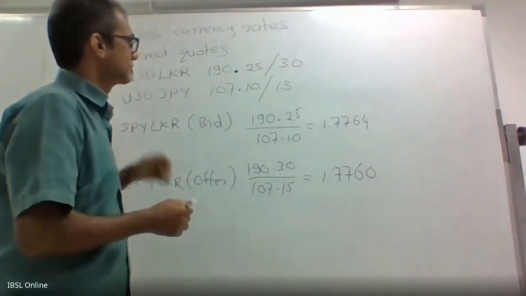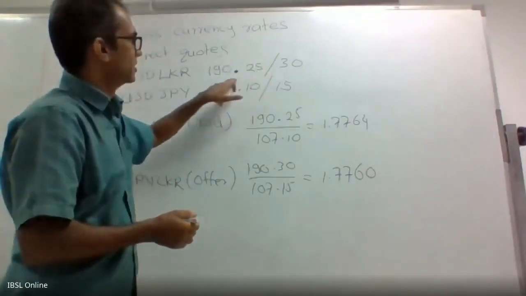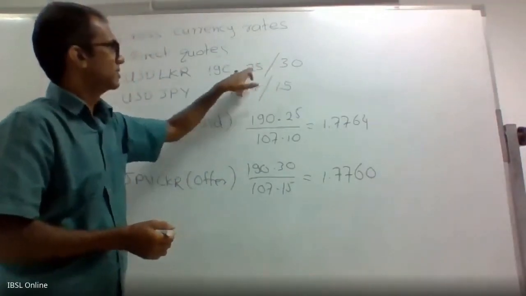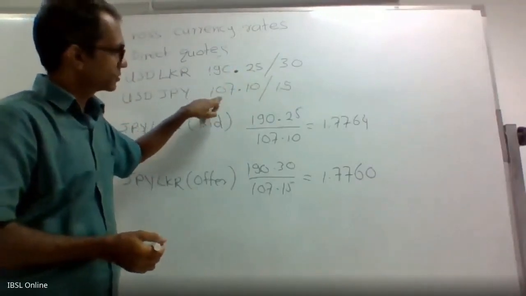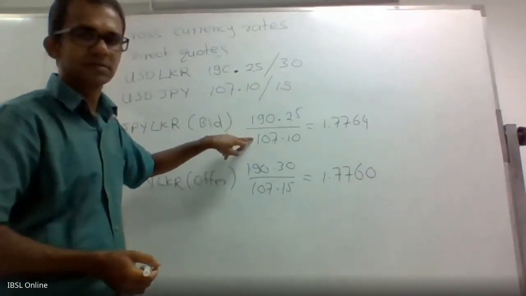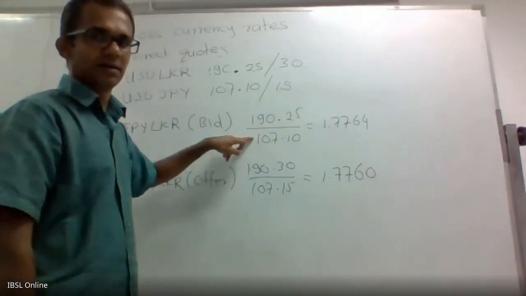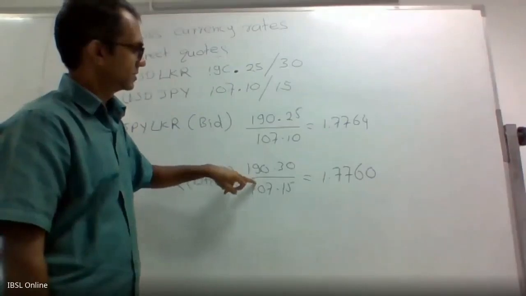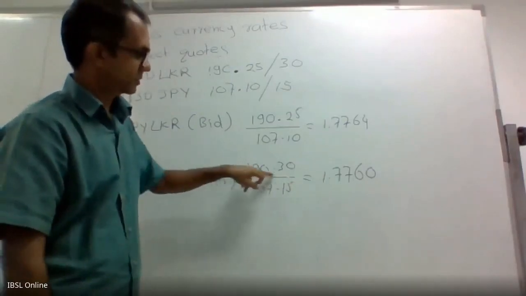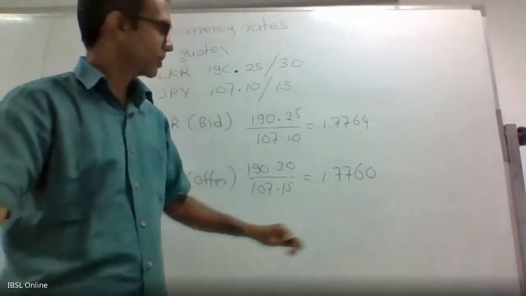What went wrong? This is the smaller number out of these two, and we divided it by another smaller number. Then the answer would be a large number. Here you divide by a large number, so you get a smaller number.